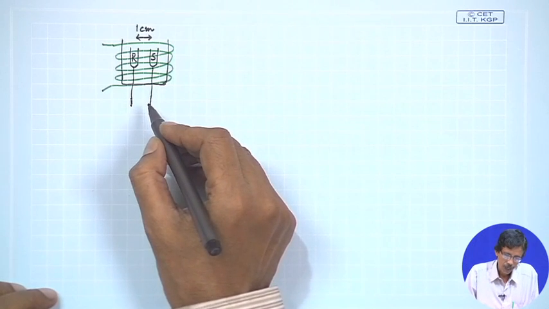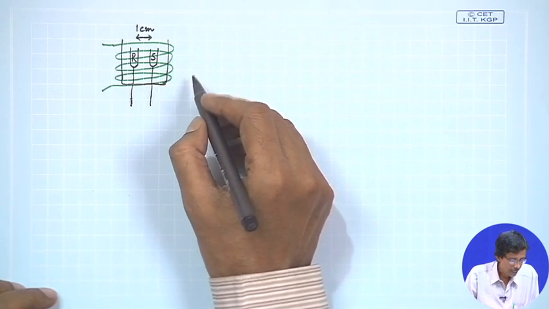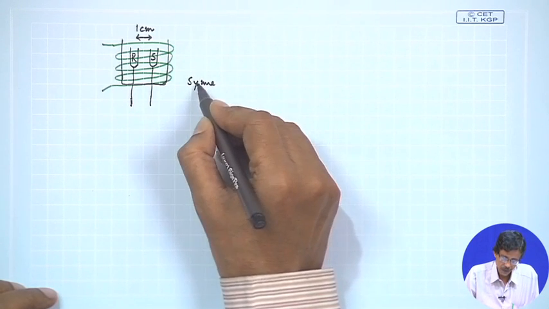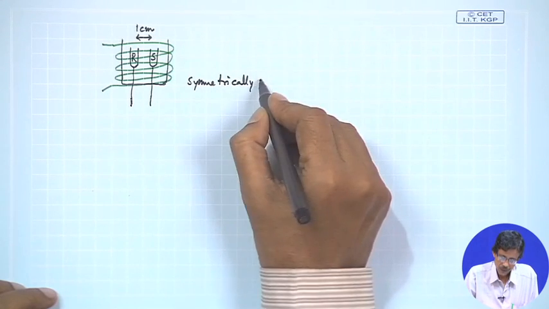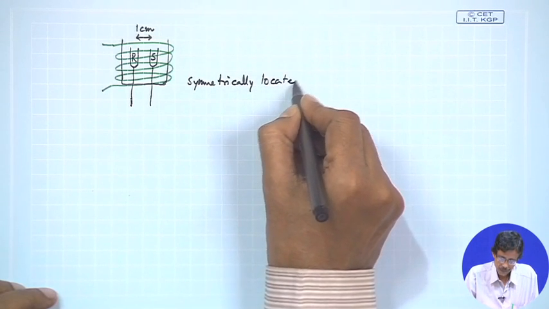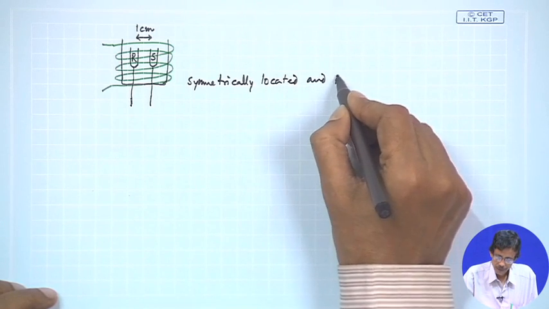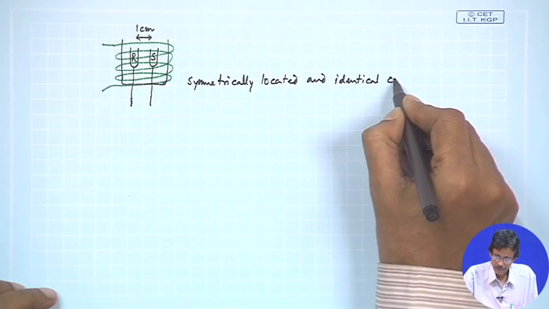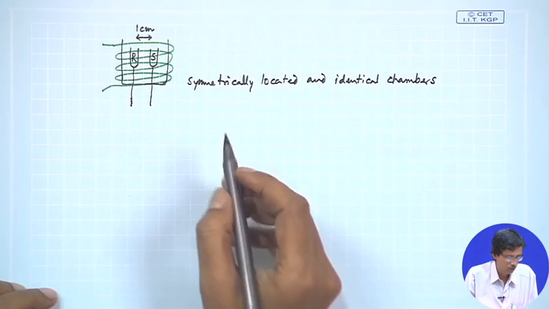So, we have to use two symmetrically located, identical chambers.